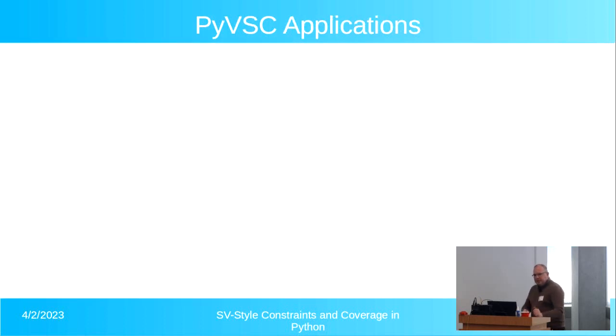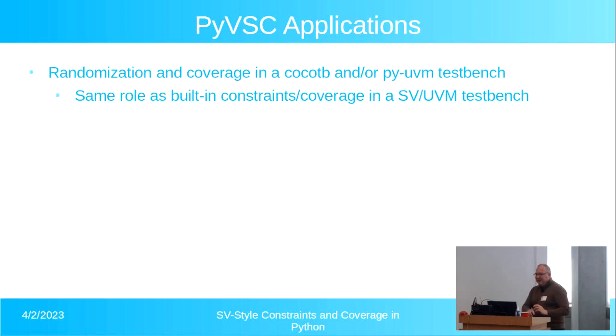All right, so those are the key capabilities of PyVSC and its companion PyUCIS for working with coverage data. What it's being used for today: it's actually used in several interesting areas. One is what you would expect, randomization and coverage collection in a Python-based testbench environment. Okay, pretty straightforward.